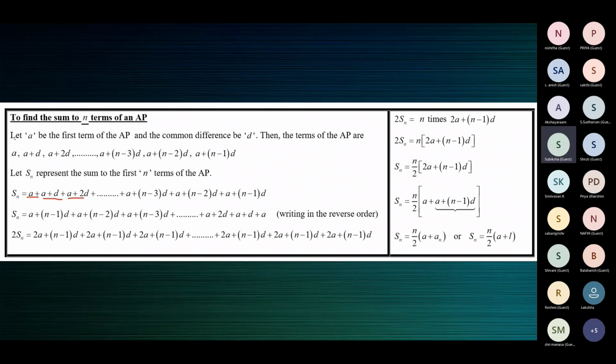So you're trying to find the sum of the first n terms of the AP: first term A, plus the second term A plus D, plus the third term A plus 2D, like that till A plus (n minus 1) into D. You're adding all the terms till the nth term.